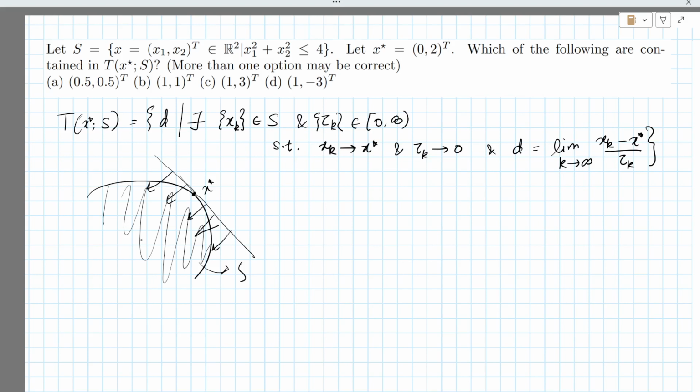And if x star is here, then the tangent for this x hat will be R^n, where x hat is in R^n.